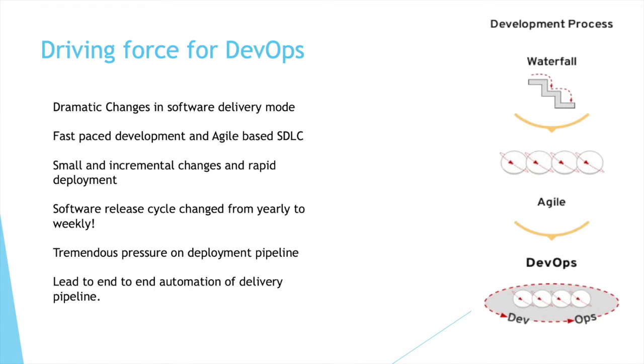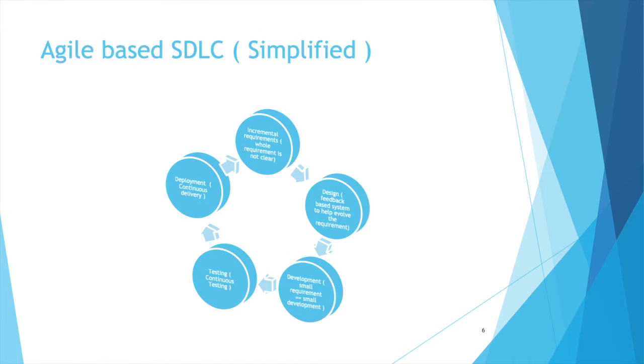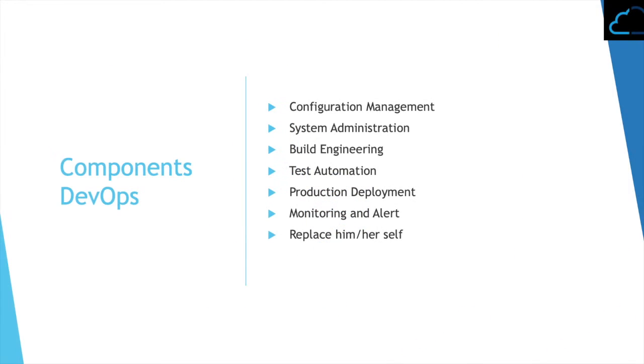But now, instead of once a year, you're talking about almost every 2 weeks or every month, this kind of delivery. And this type of task cannot be done manually anymore. This is the driving factor why DevOps has become so popular, and it has forced the whole industry to go for automation. So you do more automation. This is the only way you can achieve these kinds of objectives.